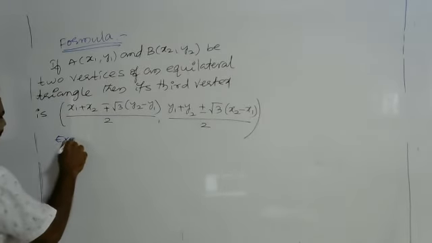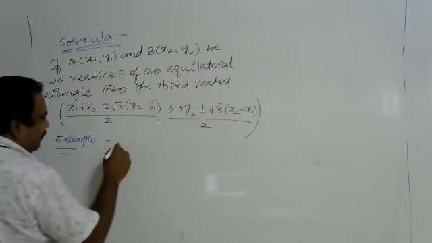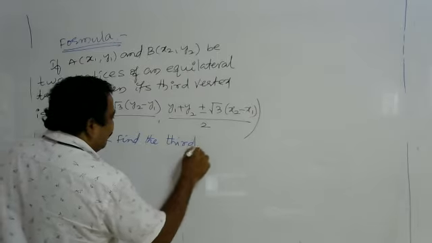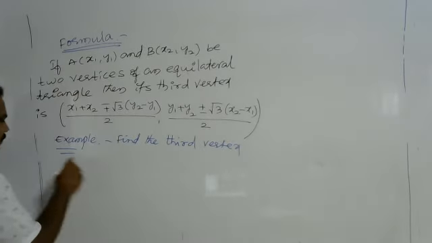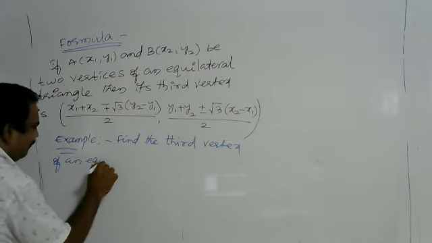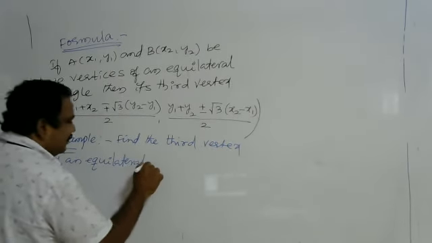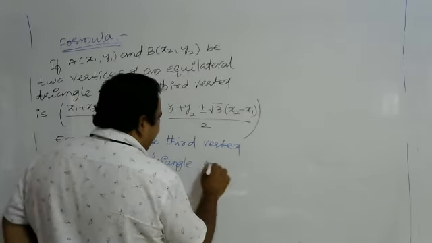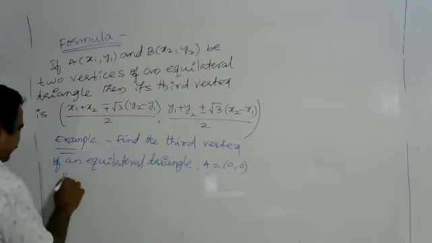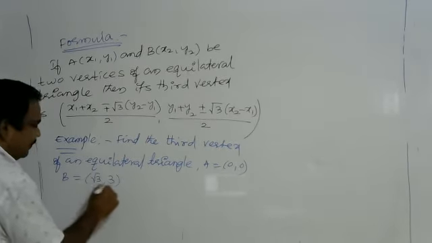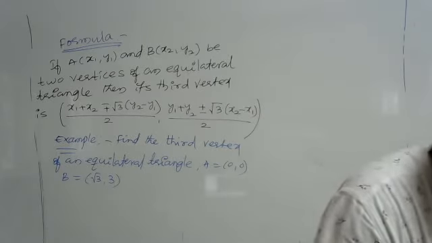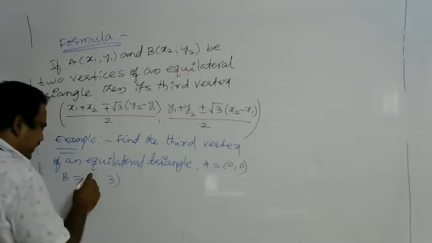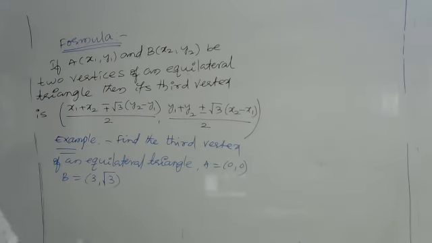So, an example on this. Find the third vertex of an equilateral triangle, if A = (0, 0) and B = (3, √3).